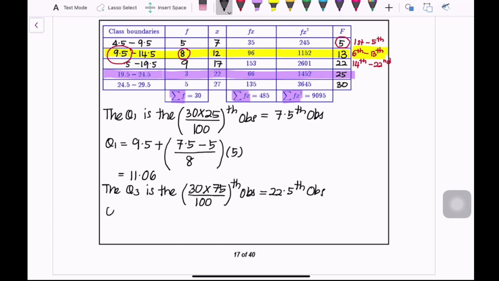So the formula for Q3 is equal to Lk, the lower boundary for the class of Q3, which is 19.5, plus n times k over 100, which is equal to 22.5, minus the cumulative frequency before class Q3, which is 22, over the frequency for the class Q3, which is equal to 3, times c, which is equal to 5. So Q3 is equal to 20.33.